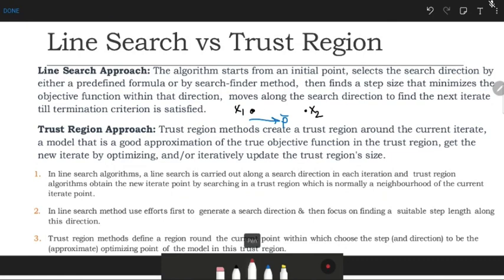Probably x1 plus alpha p, where alpha is some scalar, will give me x2. We will see this same thing appear in the methods that we are going to do now. So this is the essence. You start at one point, then along the direction of p bar you take some steps, and the length of the step will be alpha.